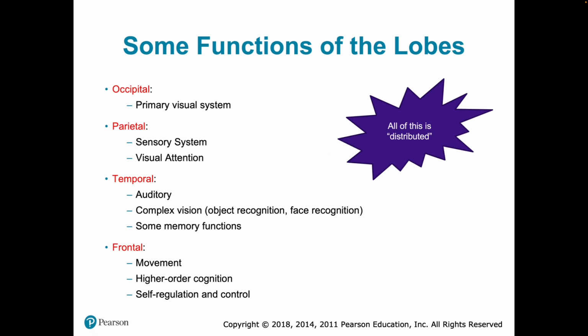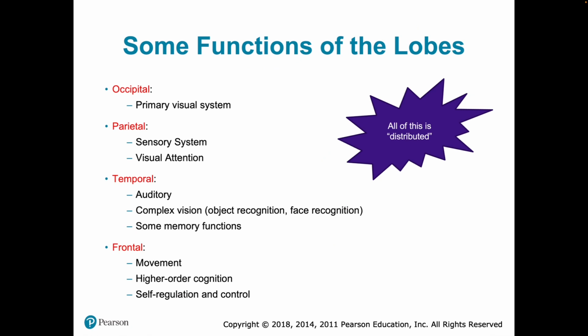And in fact, those parts of the postcentral gyrus are matched to different parts of your body. So you have a part of that for your left hand and for your right leg and that sort of thing. Another important role for the parietal lobe is involved in visual attention. So once the visual signals go to your occipital lobe, directing our attention, focusing our attention toward different types of content, the parietal lobe gets involved in that.